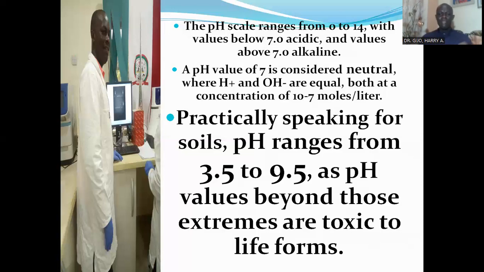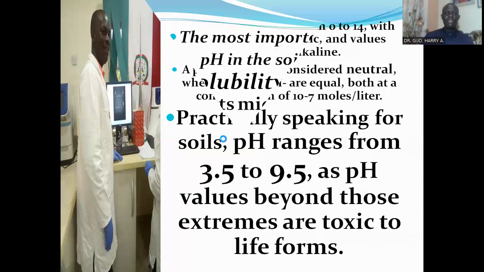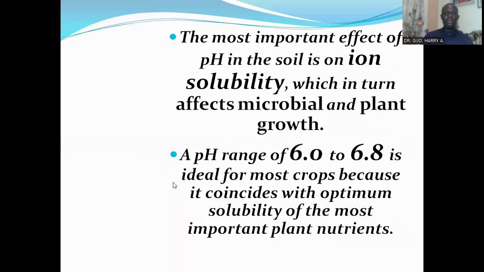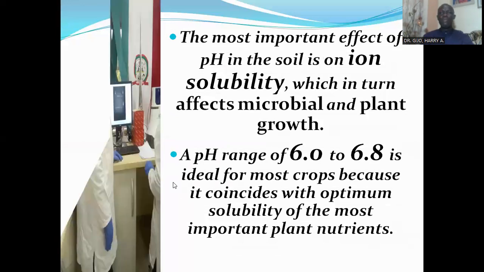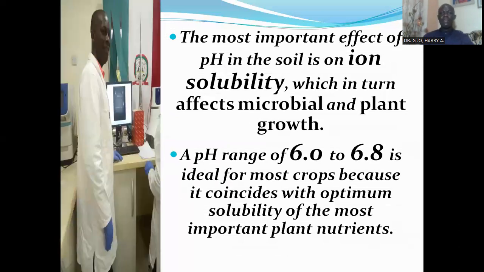Any value that's beyond this point is actually toxic to life forms. The most important effect of pH in the soil is on ion solubility, which in turn affects microbial and plant growth.